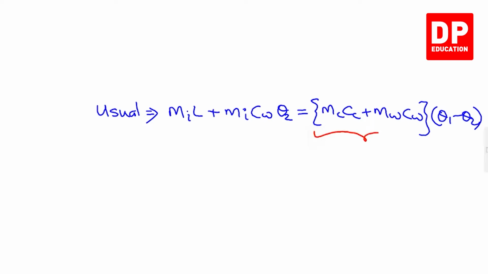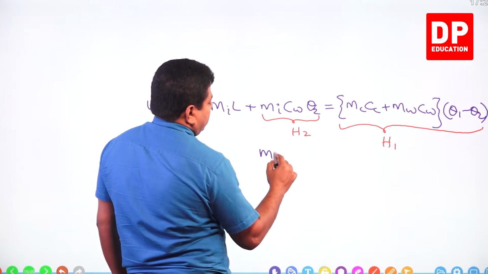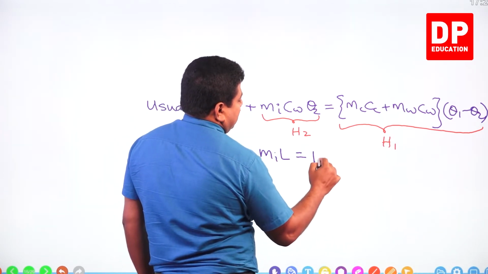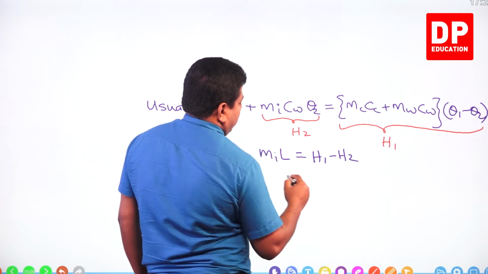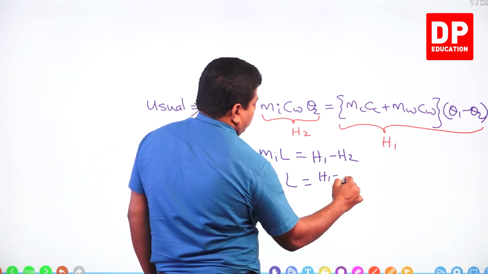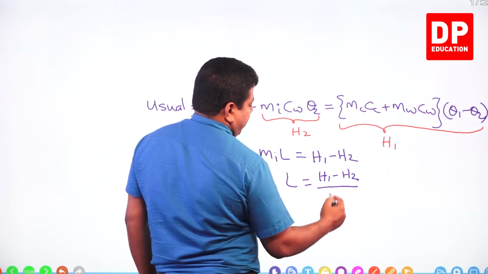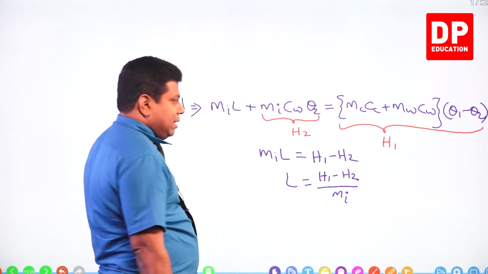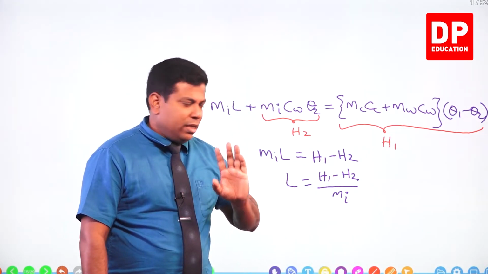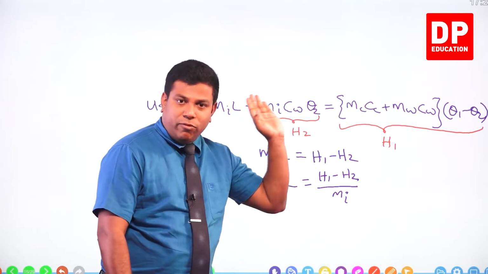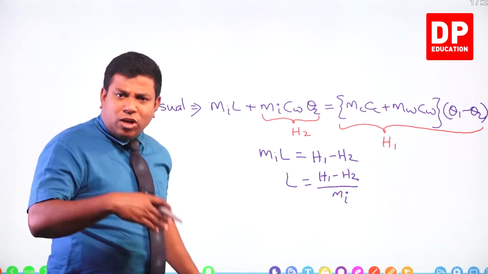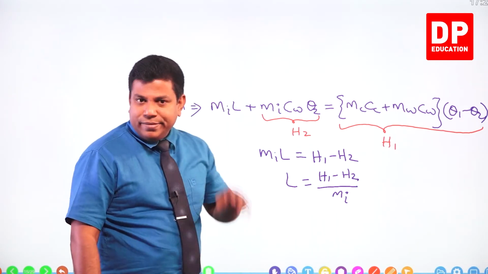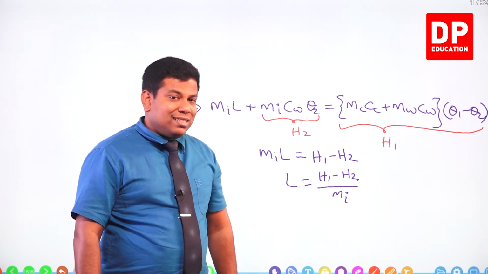If I take this as H1 and this as H2, our usual calculation would say M_i L equals H1 minus H2, so L equals H1 minus H2 over M_i. This is what we usually do. We will know all these parameters from the measurements, calculate, and get the answer. Now the problem is there is something missing.